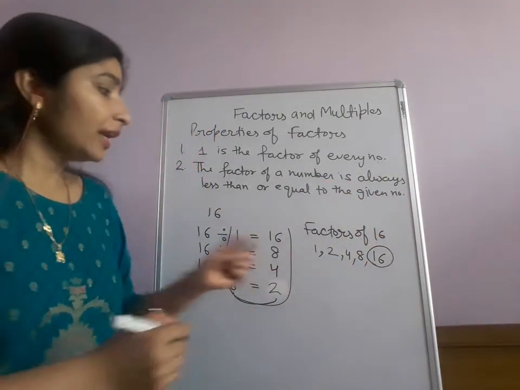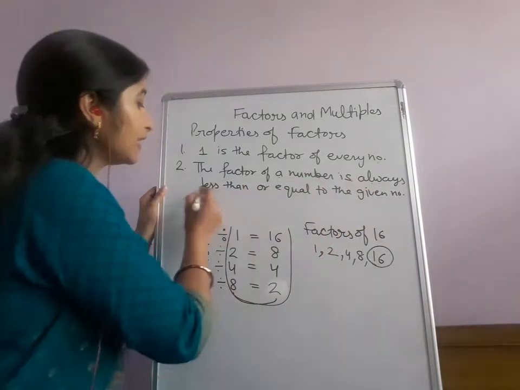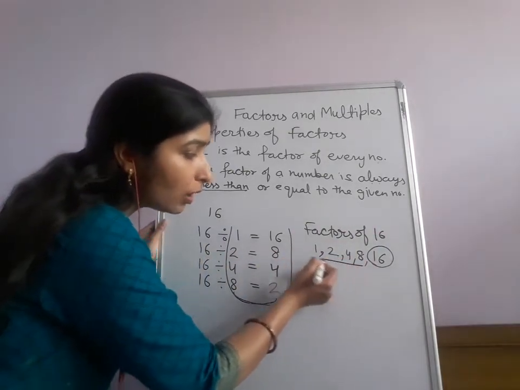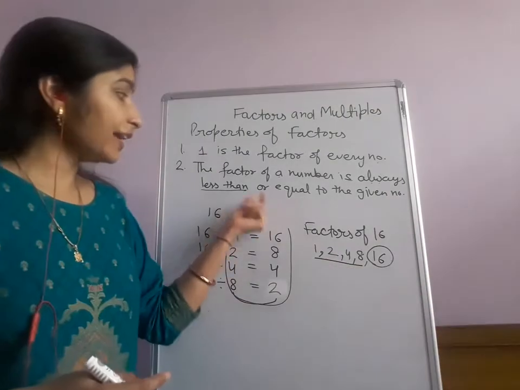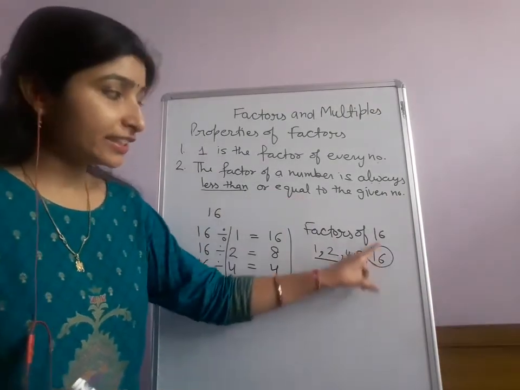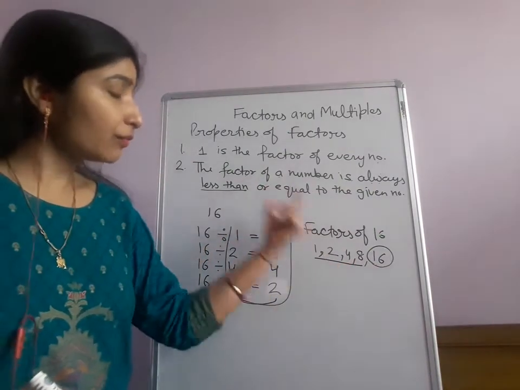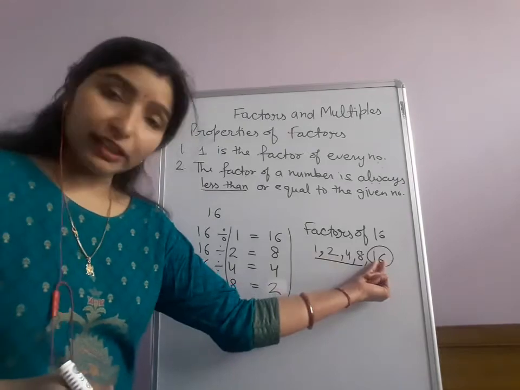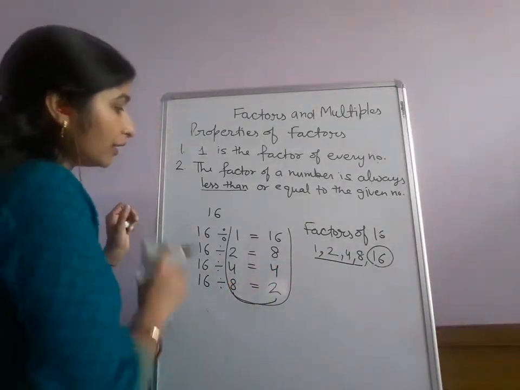See, the factors of 16, these all are less than 16 or equal to, that is, 16 of 16 is also a factor. So all the factors of a number are always less than or equal to the given number. Clear?